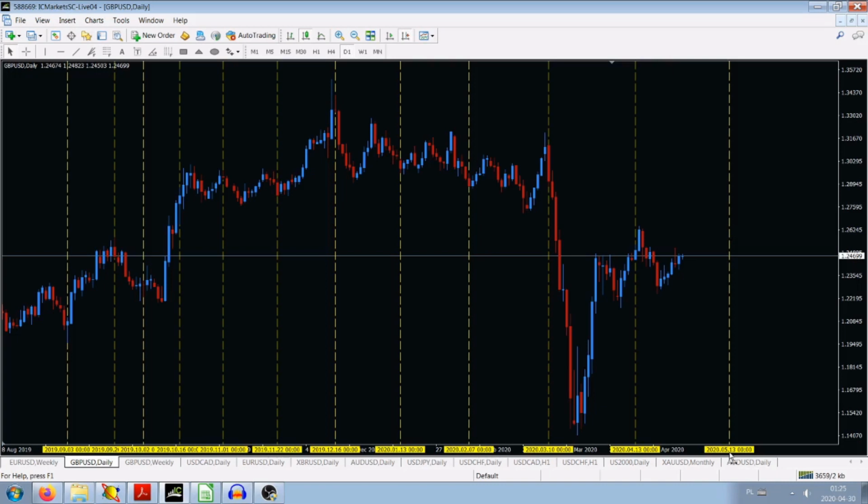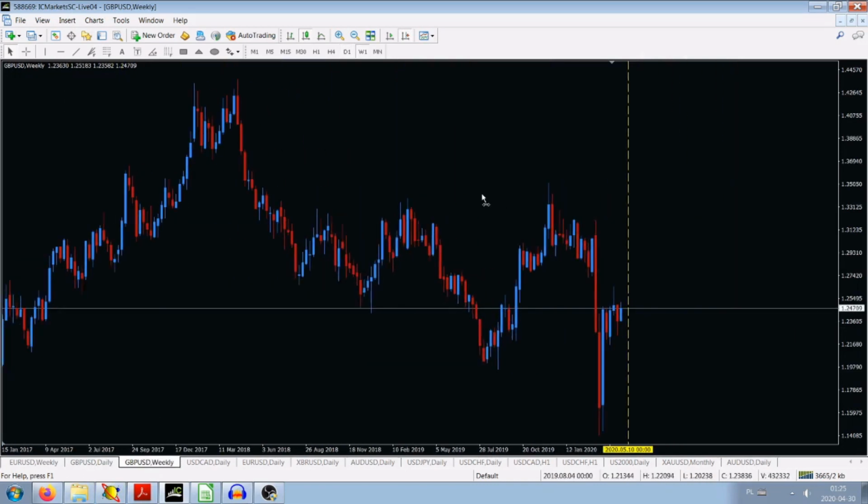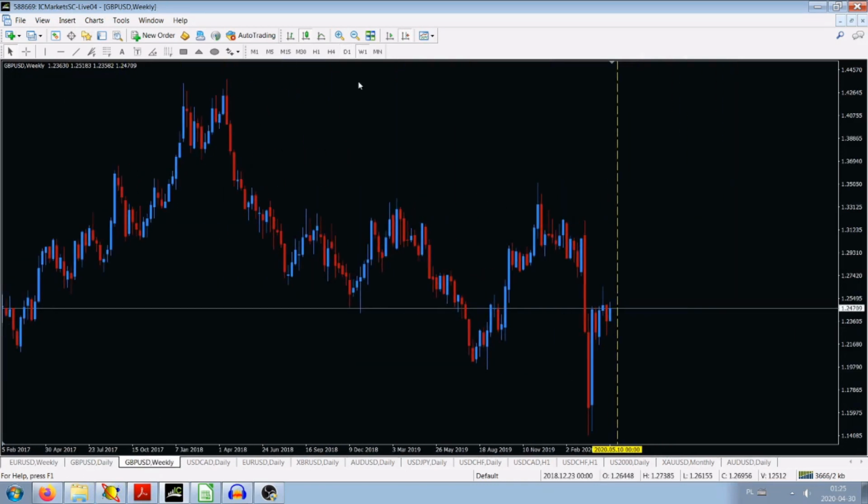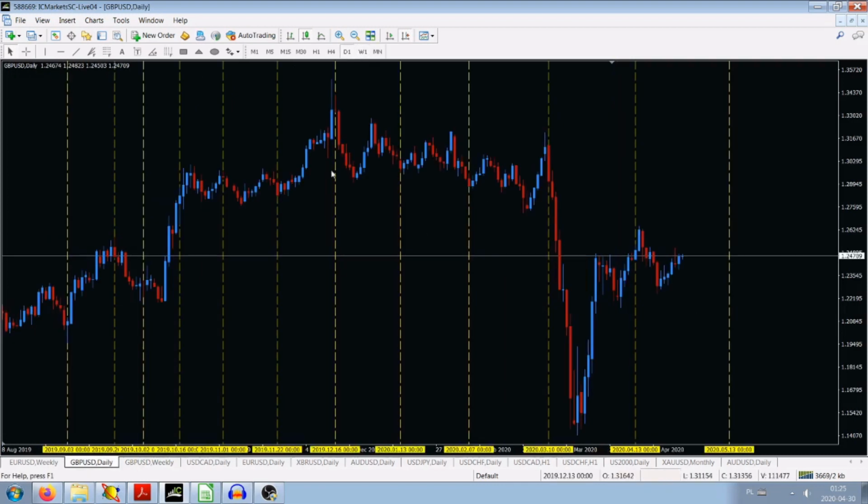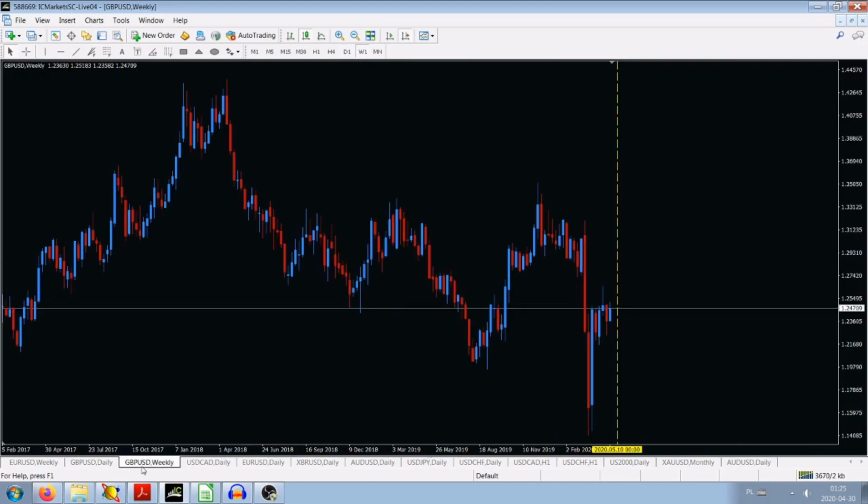We are on 13th of May 2020. Let's check it. What happened in the past? Look. Here I've got, it's a weekly chart, it's the same one, GBP USD is weekly, and here we are on daily, yeah? So I went to weekly, I marked 10th of May, so the week starts on 10th of May.